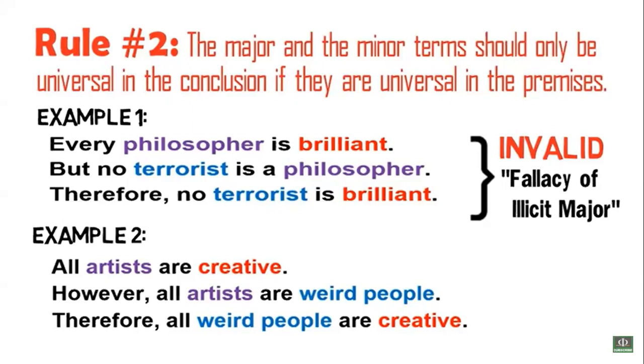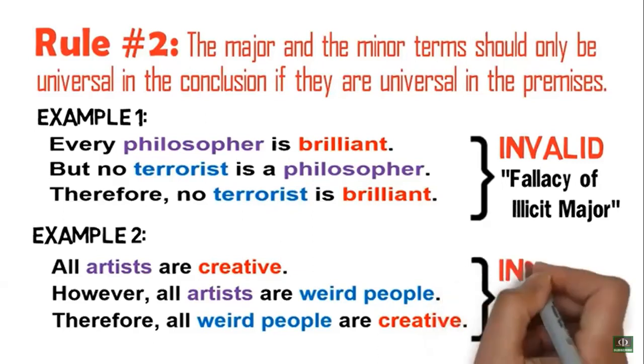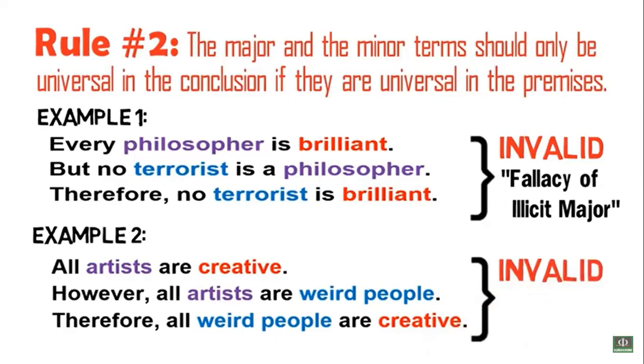Now, if we look at the minor term in the second premise, it is particular because it is a predicate term of an affirmative proposition. Therefore, in the end, the syllogism is invalid because it violates rule number 2. This is what logicians call the fallacy of illicit minor.